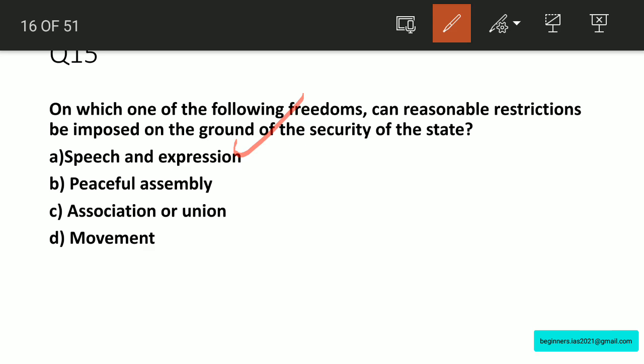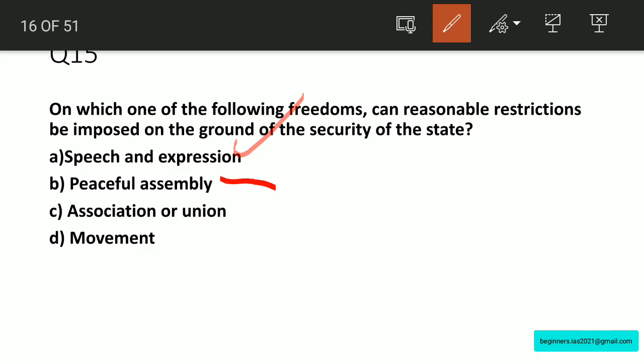Let us see about the remaining 3, that is peaceful assembly. See, the reasonable restrictions for peaceful assembly include public order, sovereignty and integrity of India.